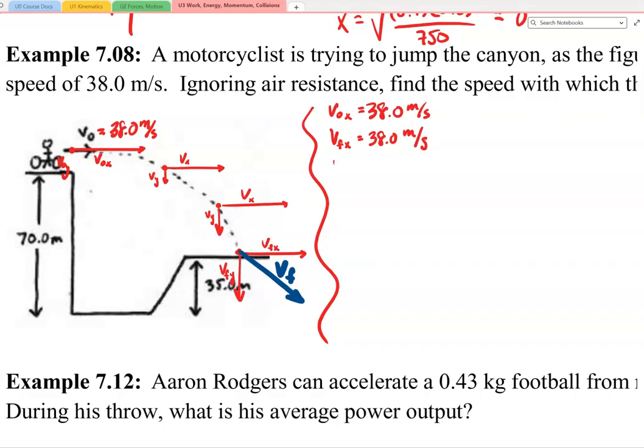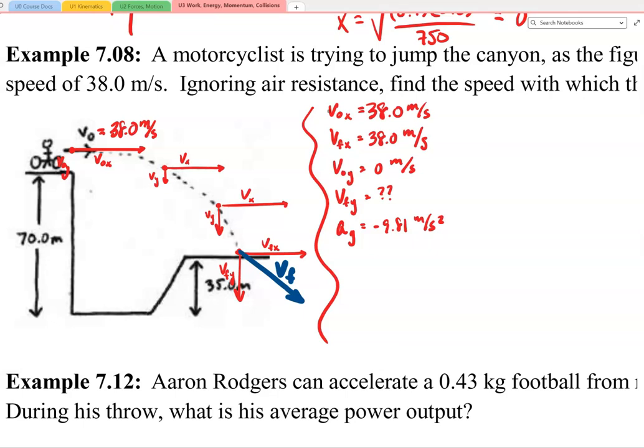We have an initial velocity in the y direction of 0 meters per second. The final velocity in the y direction, that's unknown. But I think we can figure that out because we do know that the acceleration in the y direction is the acceleration due to gravity, and that's negative 9.81 meters per second squared.